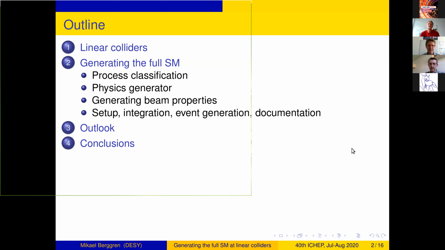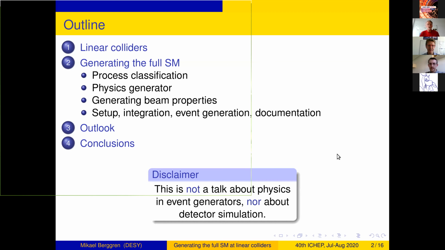I will first start with a few general words on linear colliders, then the main topic with details on process classification, generators for physics and beam properties, and the steps of the process. I'll make an outlook and then conclude. As a disclaimer, I would also point out that this is not a talk about the physics in event generation, or about detector simulation, if anybody thought that from the title of the talk.